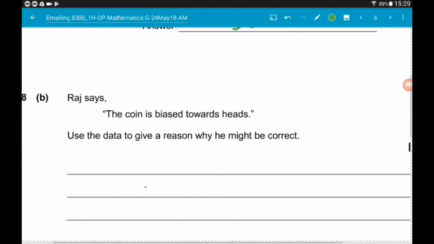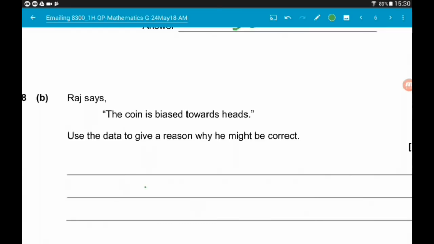Okay, then part B. Raj says that the coin is biased towards heads. We want to give a reason why he might be correct. So, roughly with coins, you expect heads and tails to be 50-50. So we could say anything along the lines of there were a lot more heads than there were tails, or we expected to get around 25 heads, 25 tails, anything like that.